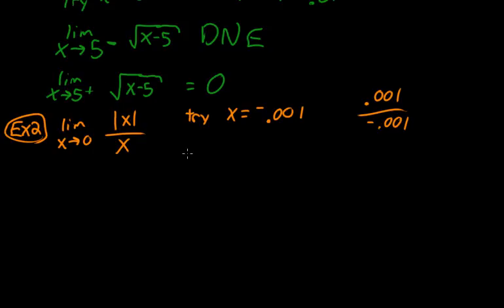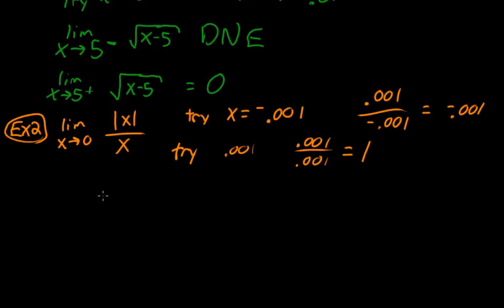So 0.001 divided by negative 0.001 equals negative 1. Next we'll say try 0.001. Well, 0.001 divided by 0.001 should equal 1.